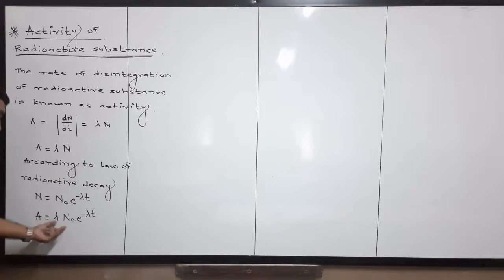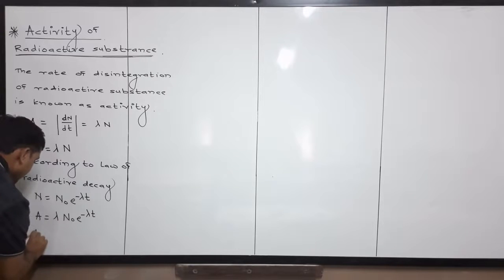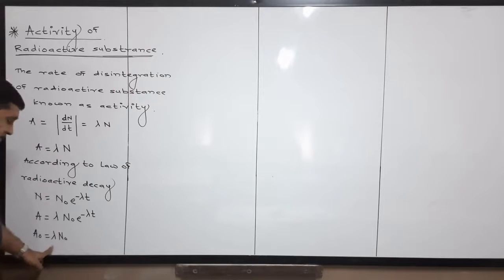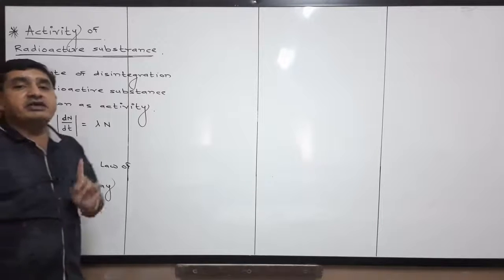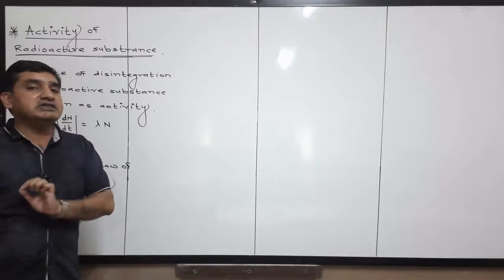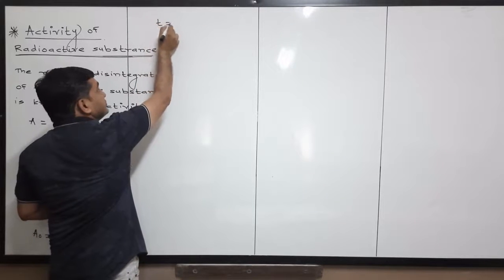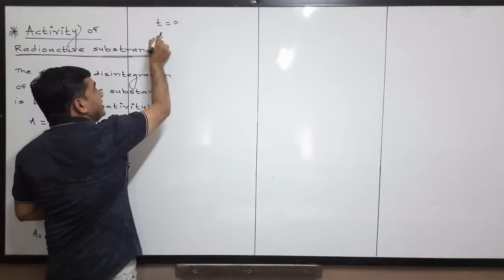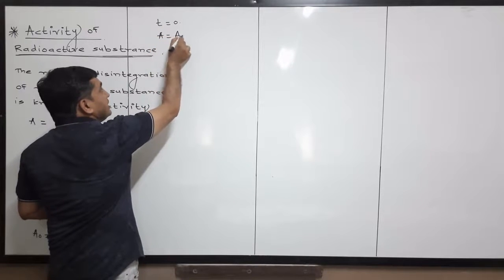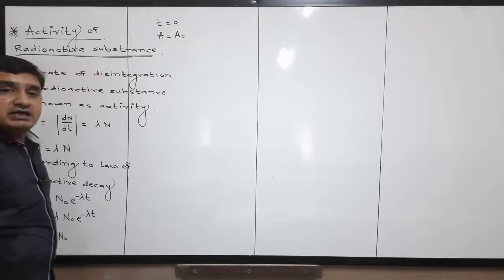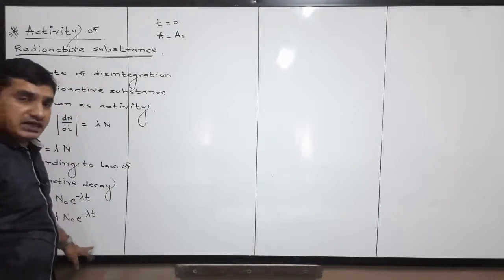Here we can consider A0 equal to lambda into N0. This is the activity when time t is equal to 0. When t is equal to 0, the activity A is equal to A0, which is lambda into N0.